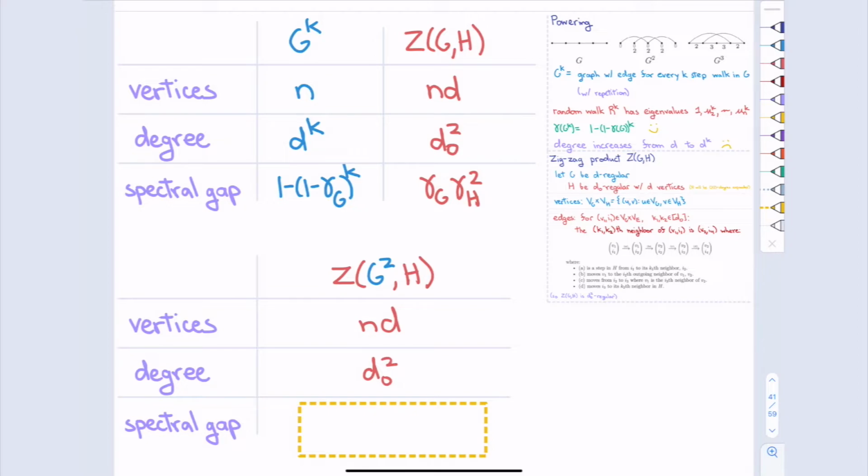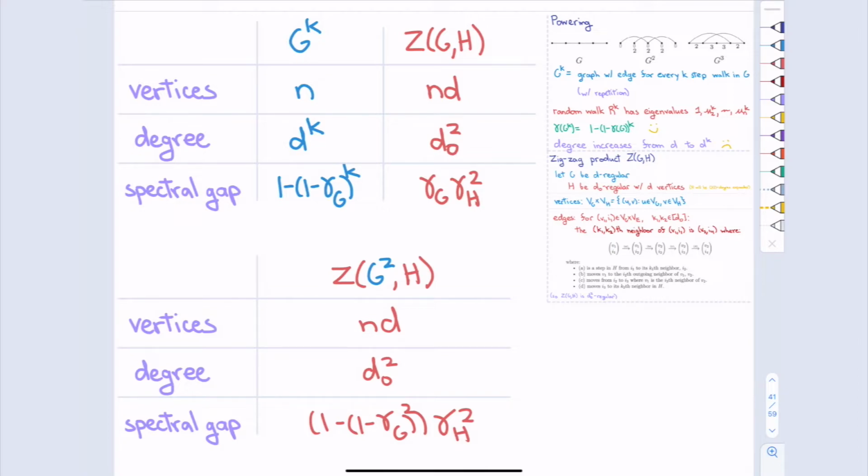What would the spectral gap be? We just multiplied the two things together, except K is plugged in for 2, I think. So 1 minus gamma squared.